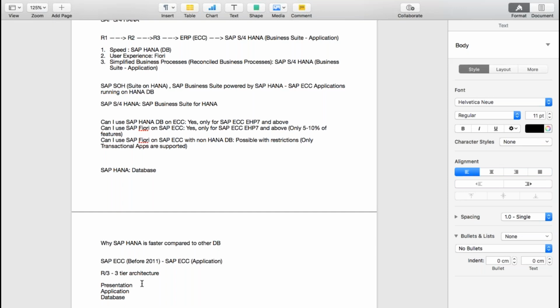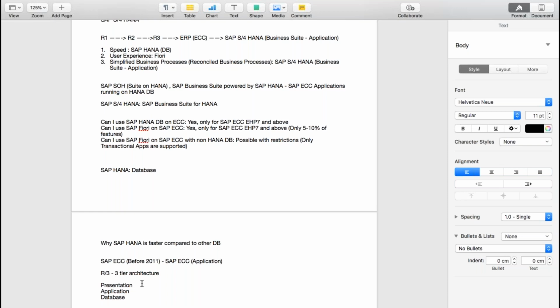From my mobile device, I am connecting to the PayPal app. PayPal is an application, right, which is stored on my mobile device. I have the PayPal application installed on my mobile device. So that is the application that I am using. Now whatever transactions I do in PayPal, it will go and get stored in the PayPal database. That is not available on my mobile device, right? Database servers are available with PayPal itself, right? So the presentation server is my mobile, the application is the app that I'm using, and the database is the database which is storing the data.